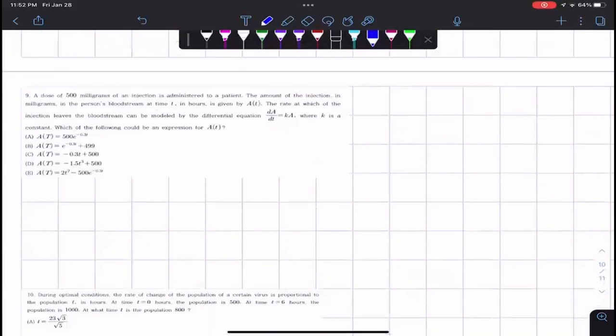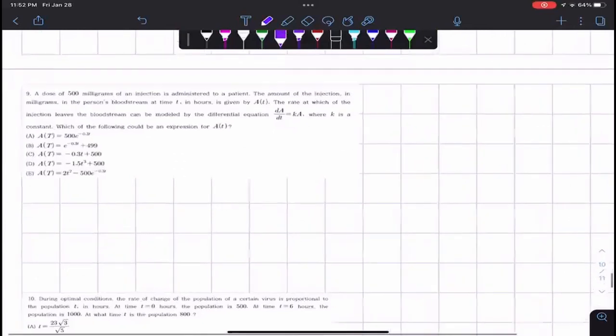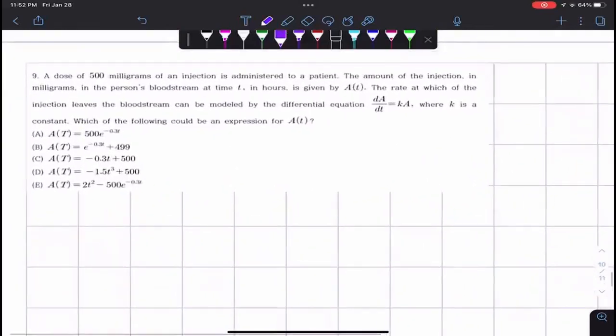Look at problem number 9. A dose of 500 milligrams of injection is administered to a patient. The amount of injection in milligrams in a person's bloodstream at time t in hours is given by A(t).